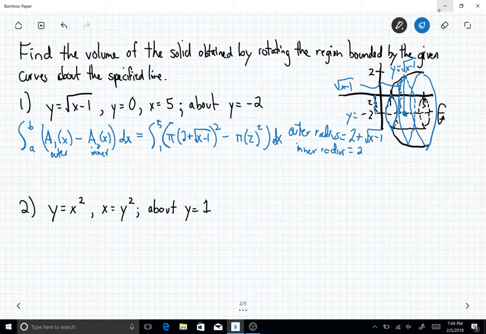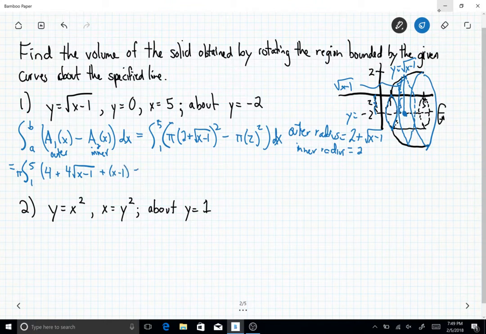So now moving forward from here, what do we have? Well, taking a look at this, we can simplify that a little bit. 1 to 5. We can pull the pi out of both terms, and so hopefully make our lives a little bit easier. Notice we'll get 4 plus, we want to take twice the product of the two terms, so that'd be 4 times the square root of x minus 1. Plus, and we want to square that last term, so we get x minus 1.